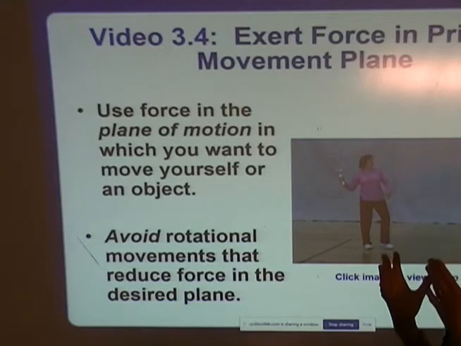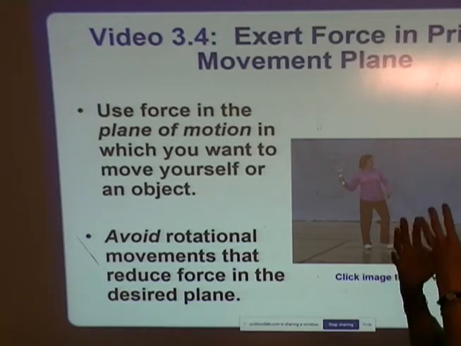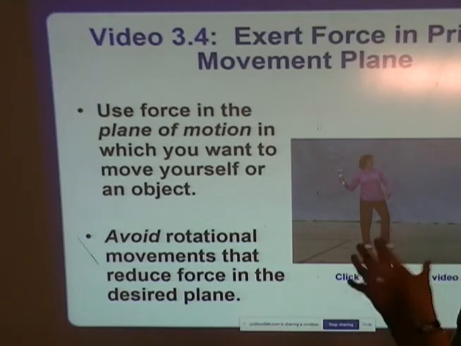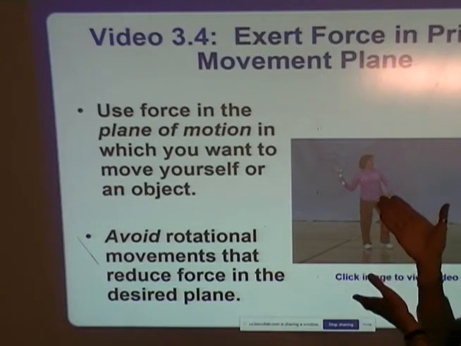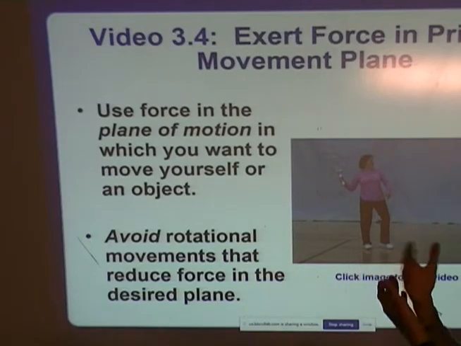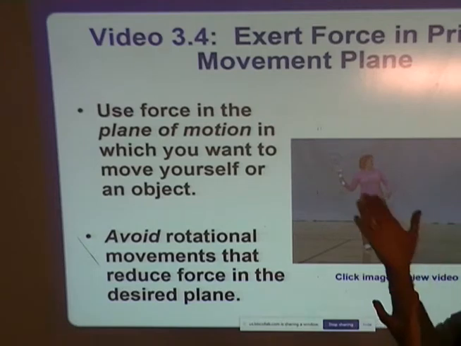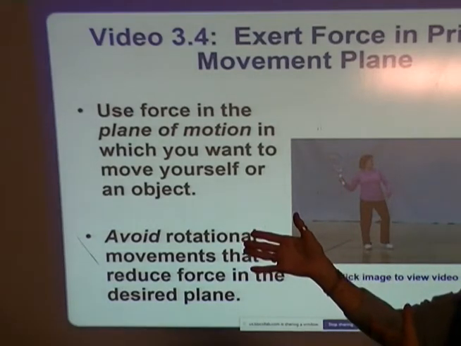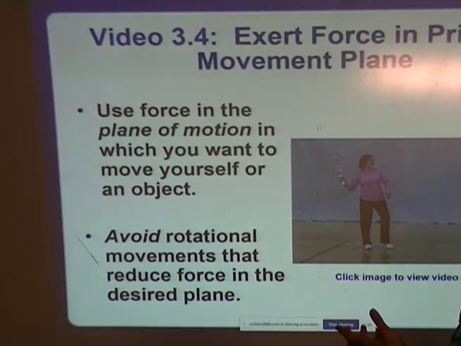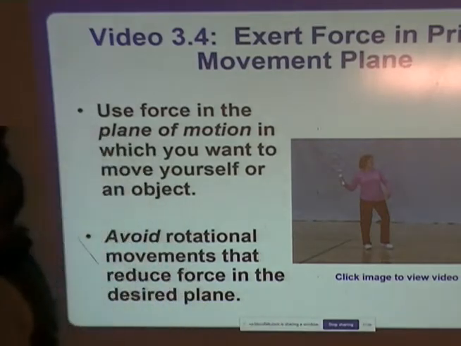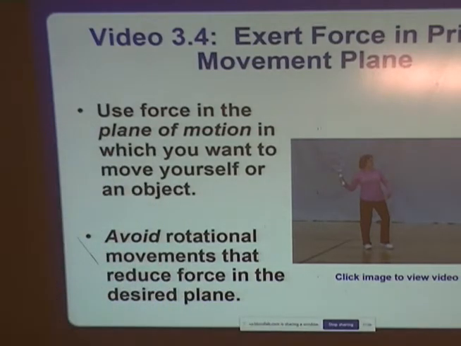We want to use all the force that we're producing in the plane of motion that we want to move ourselves or an object. Right? So another example of this, to avoid rotational movements, is if you watch people running from behind, right?